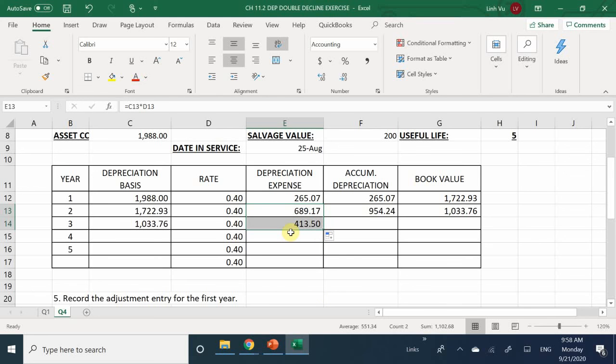Are you talking about the accumulated? Because I was looking at the depreciation expense, which was 413.50. Okay. All right. So now what's the accumulated depreciation? Go, Lynette. You got it? 1367.74. Yep. And then what is my book value going to be?